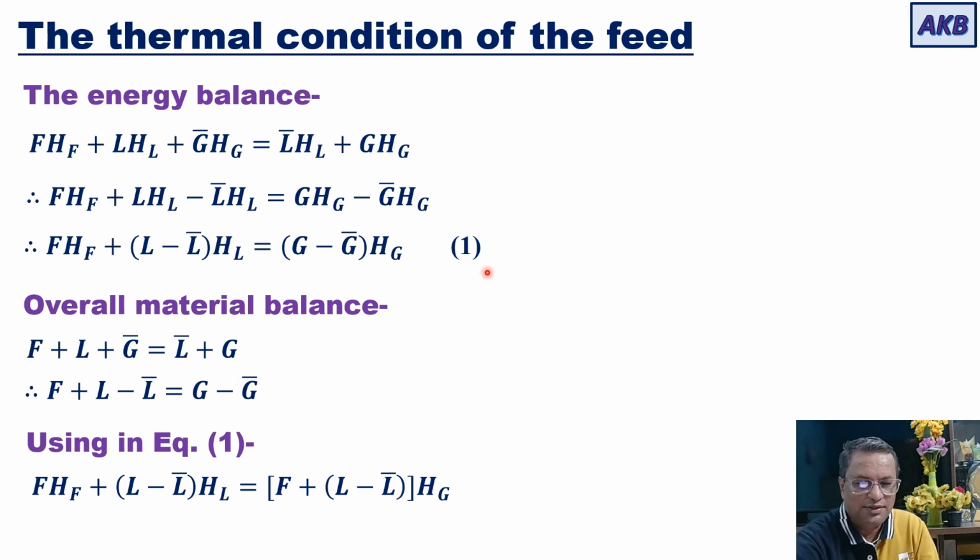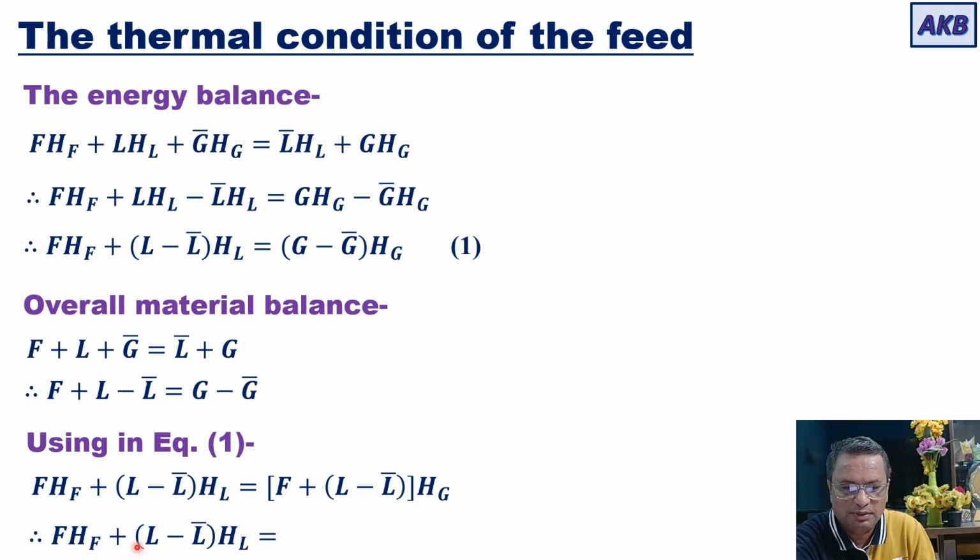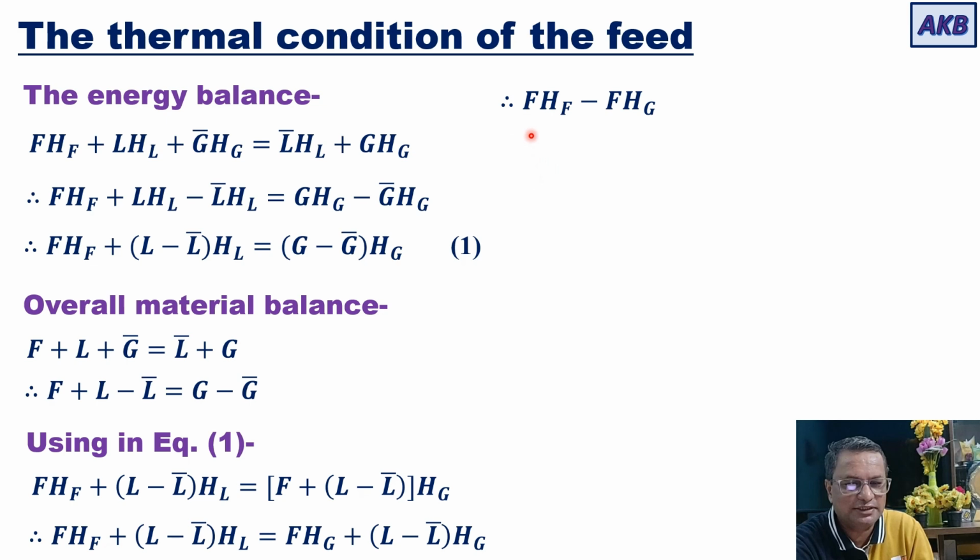I'll simplify it further. That is, I'll multiply Hg with each term in the bracket. So this will be F HF plus (L minus L bar) into HL, that is equal to F into Hg plus (L minus L bar) into Hg. In the next step, I have rearranged the equation.